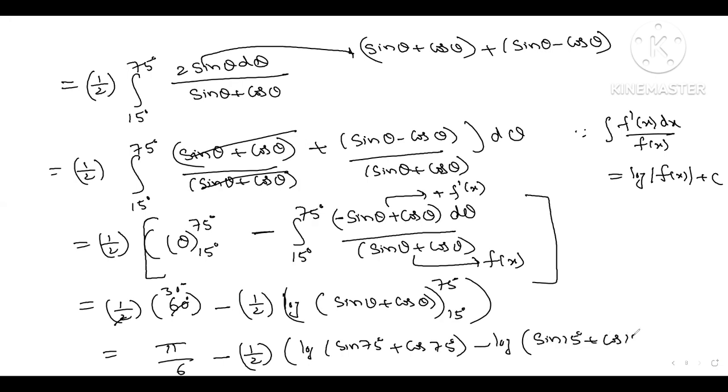plus cos 15 degrees. After using the values, log of sin 75 plus cos 75 minus log of sin 15 plus cos 15, this value will be 0. Total value, the answer will be pi by 6.